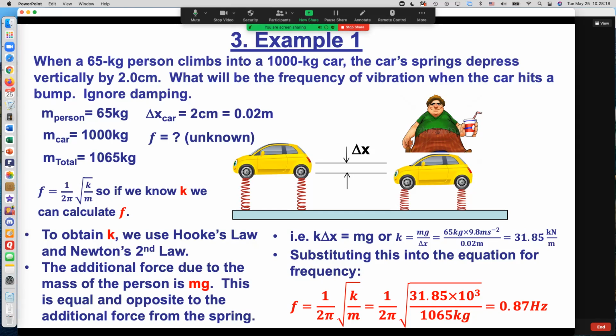We're looking at the additional displacement when the person climbs into the car. And then at the end, we're asking what is the vibration frequency of the car and person system?